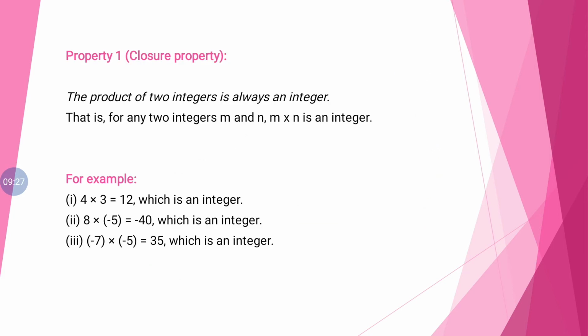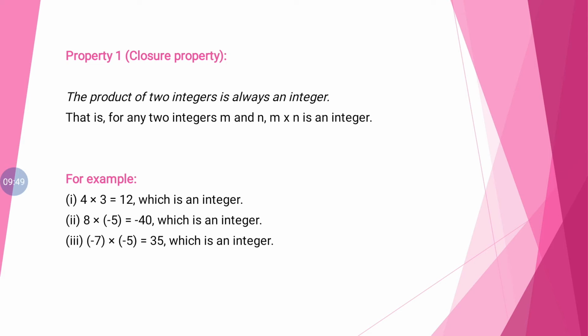Property 1, closure property. The product of two integers is always an integer. Any two integers can be multiplied, so take m and n. m multiplied by n is an integer.